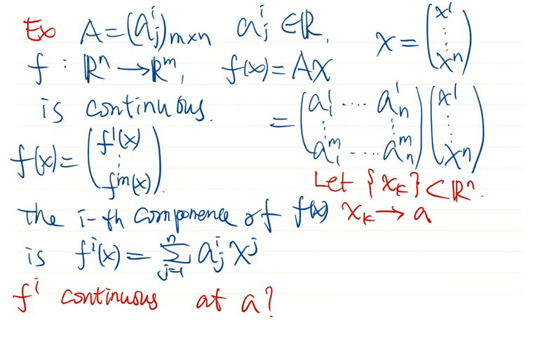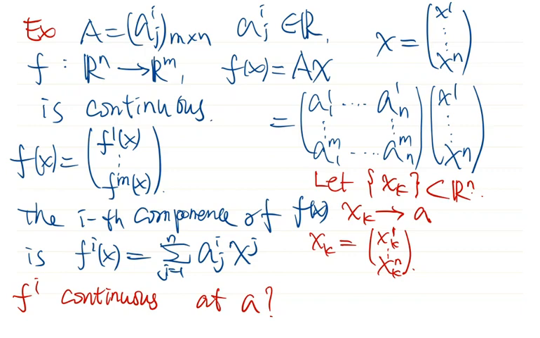We might write xk as (xk1, ..., xkn), because xk is a point in Rn, it has n components.